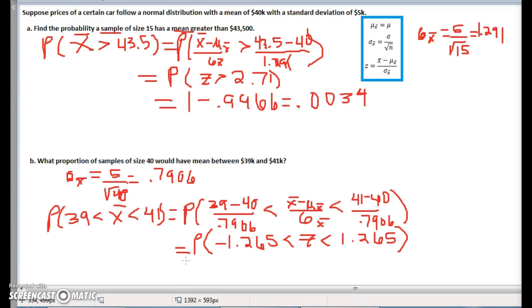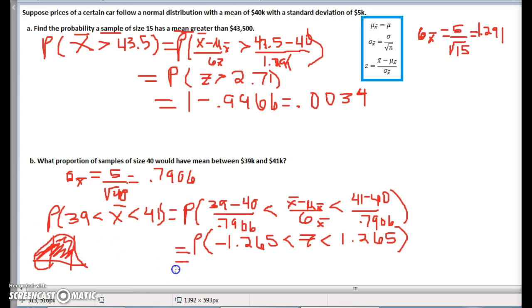So we go to the standard normal table, or the normal distribution table, and we have the middle part. So if we remember, let's draw this over here. Our two z's are right here. So we have to find the probability on the z-plot first, this whole side, minus this area.